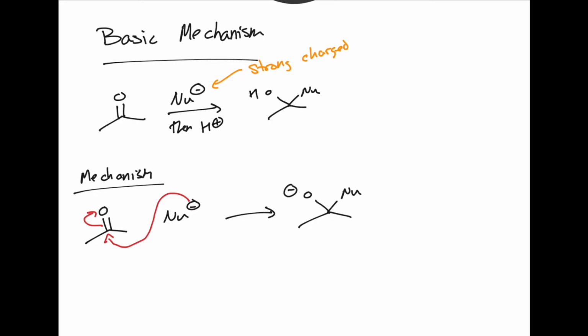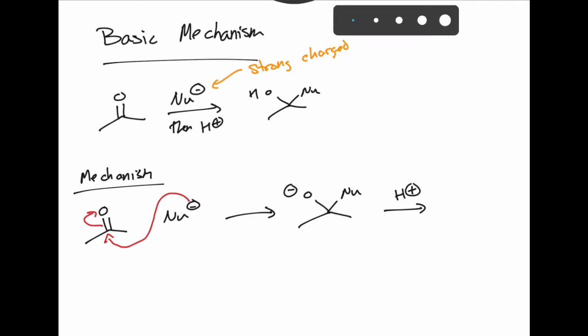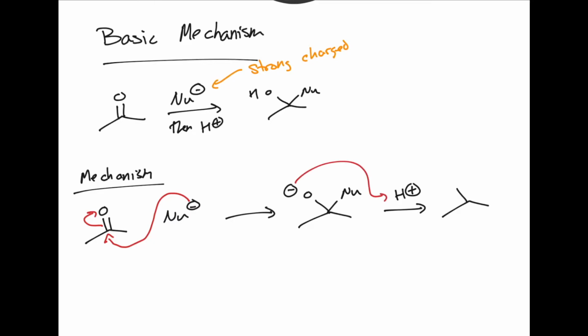And just like the basic epoxide reactions, we let the nucleophile do its thing. And then after all the nucleophile's added, I don't want O minus, I want OH. So I add an acid. And I get my product.